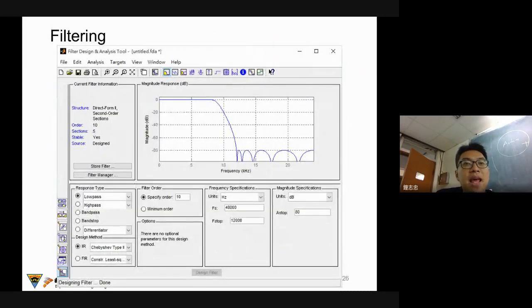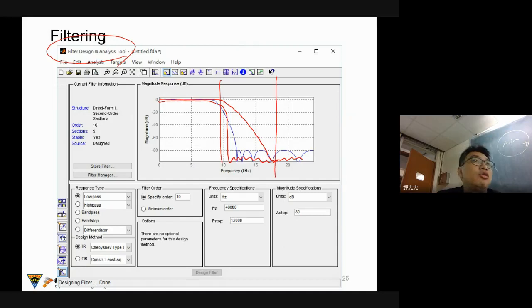And for the MATLAB, okay, you can type filter design and analysis tool. You can create your own filter. Okay, just as I said, if you try to have a much higher order, then maybe they will be sharp. Okay, if you have a lower order, maybe it's like this one.